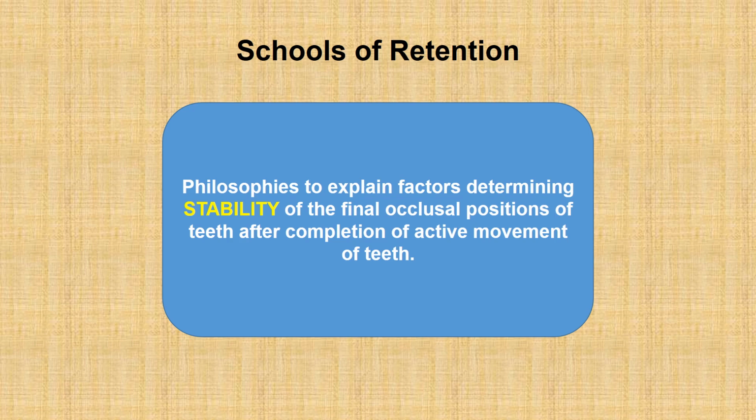Now, there are various schools of retention which have different opinions on retention. These are philosophies to explain factors determining stability of final occlusal position of teeth after completion of active movement of teeth.